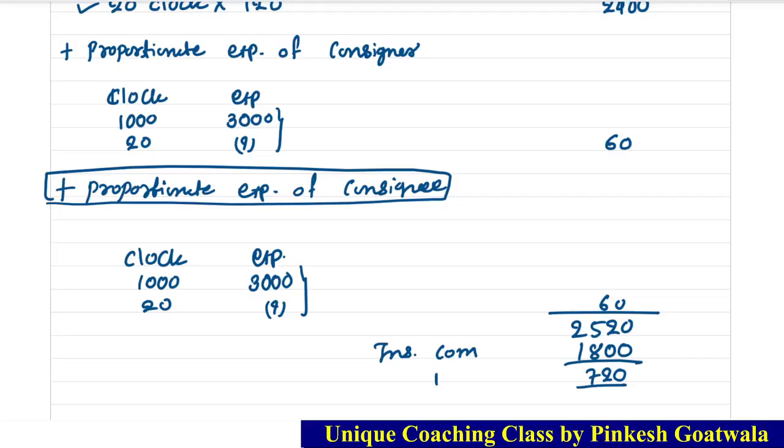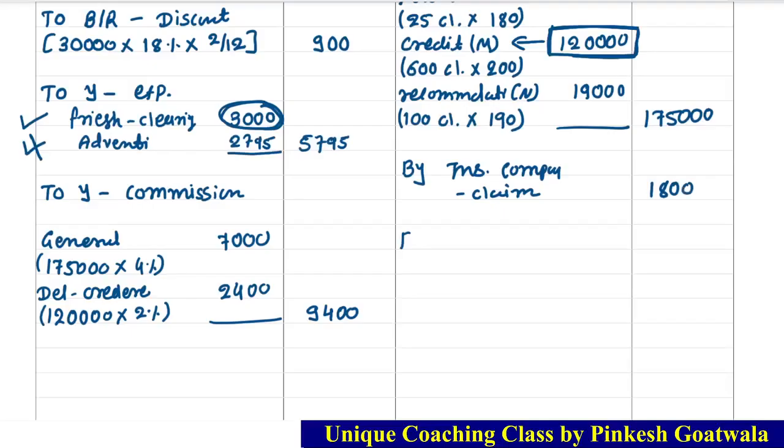How much? 720. Both entries will be on the credit side. Consignment account, credit side: by insurance company claim 1800, by P&L account abnormal loss 720. Okay, clear?